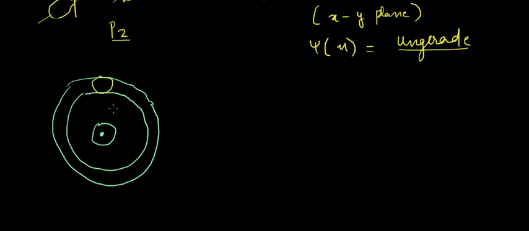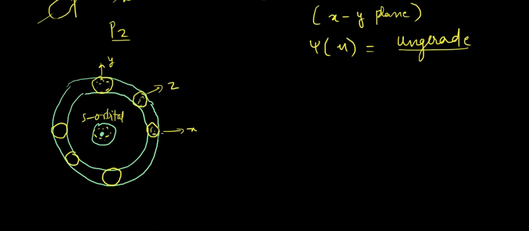Electron density across, this is the y-axis, positive and negative y-axis, positive and negative z-axis, and positive and negative x-axis. This is s orbital, and the rest are p orbital.